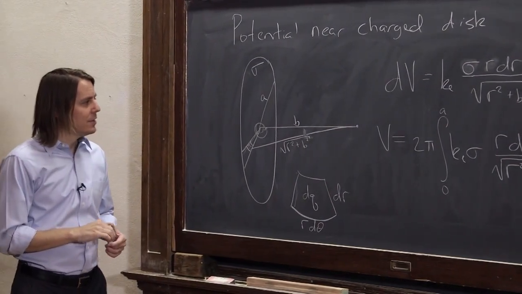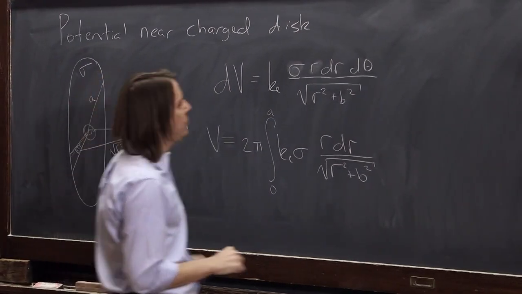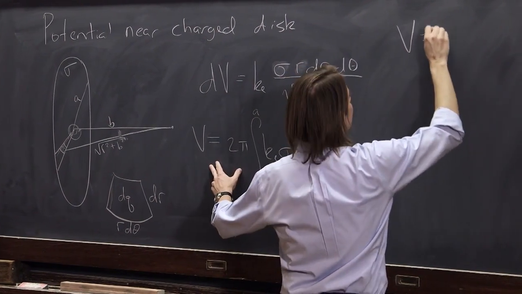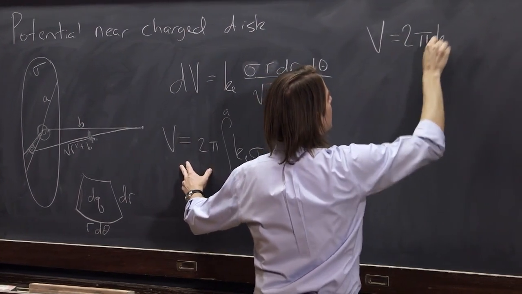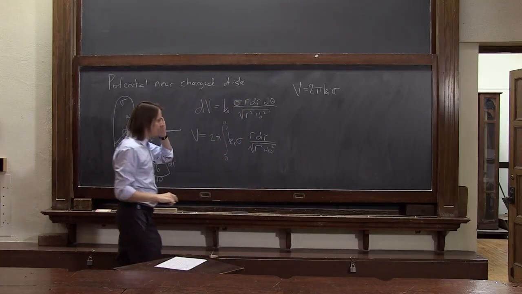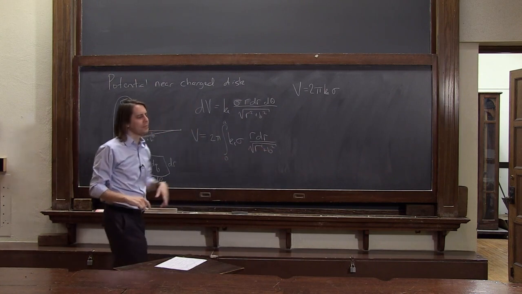Okay. So now let's do the r integral. This one we can do by hand. V is, let's keep our constants out here, 2 pi ke sigma. And it's really the integral of r times r squared plus b squared to the minus 1/2. Okay.